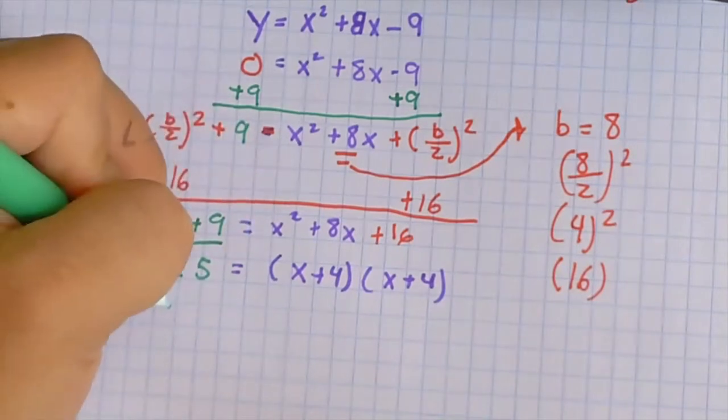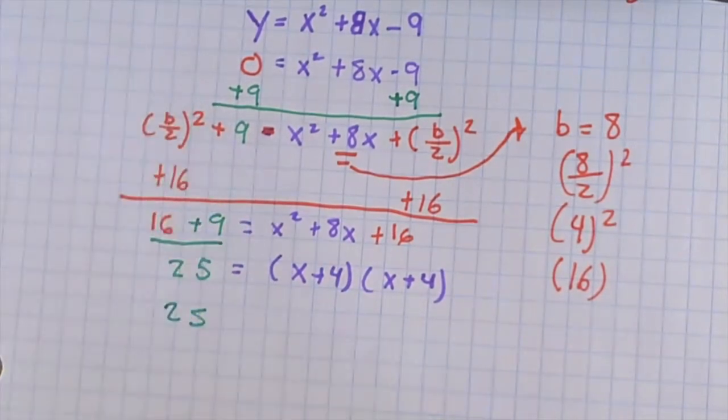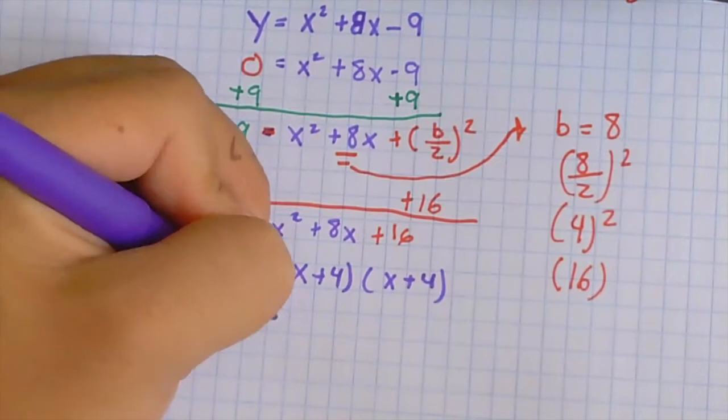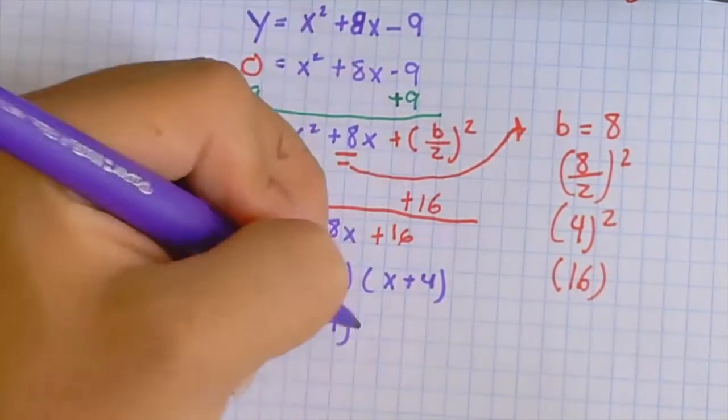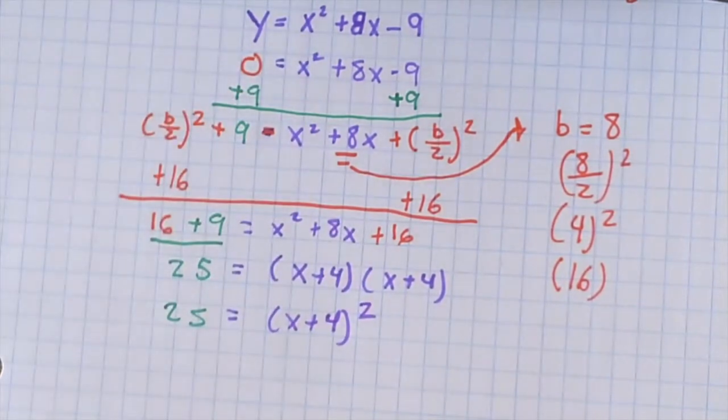This can now be written as 25 equals the quantity of x plus 4. Again, they're both the same, so we can just write it as x plus 4 squared.